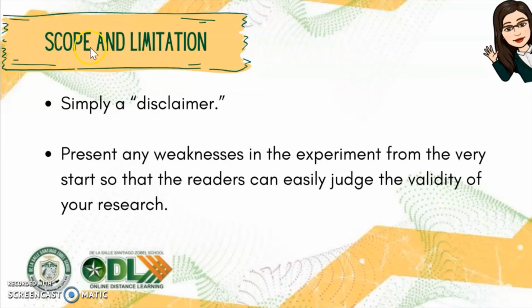So it will only entail or tackle the academic achievement in terms of the quarter 1 results of their CUA, for example. And then limitation, it will not involve other factors such as, okay? Hope that is clear with you.